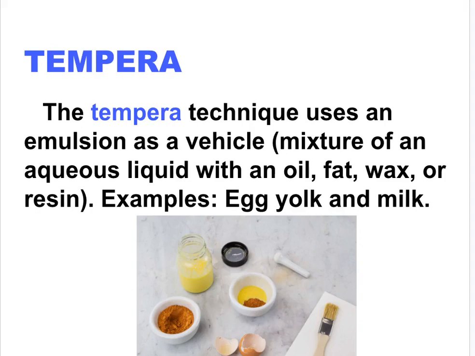Again, an emulsion is a mixture of an aqueous liquid like water or milk mixed with something like oil, fat, wax, or resin. Those things do not completely dissolve and become a homogeneous mixture with the aqueous liquid.